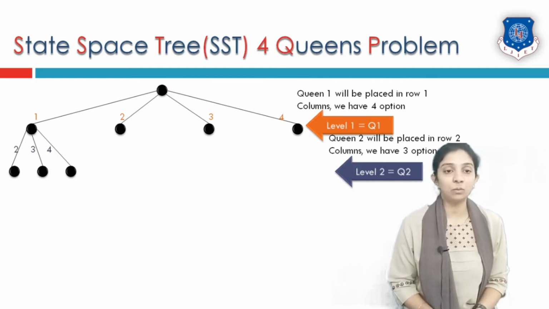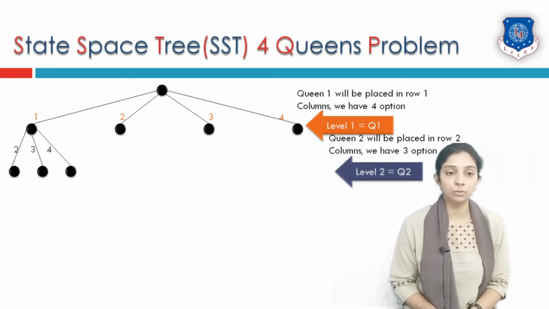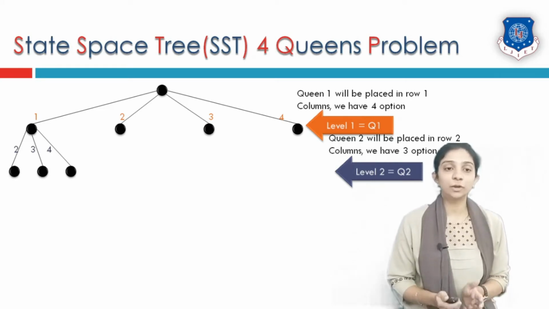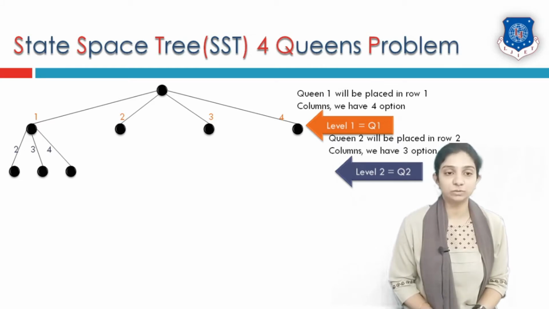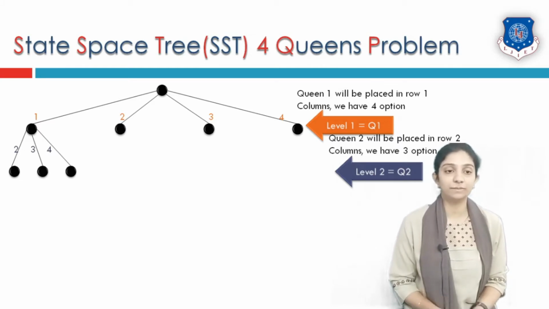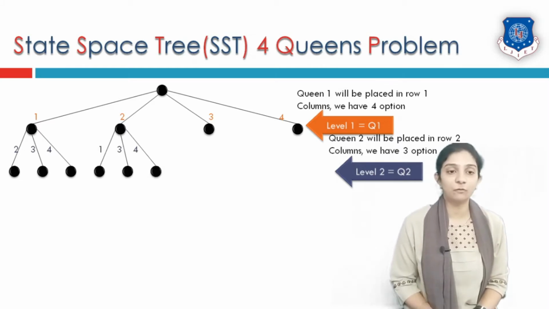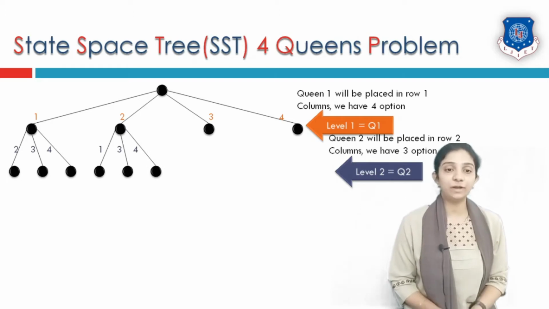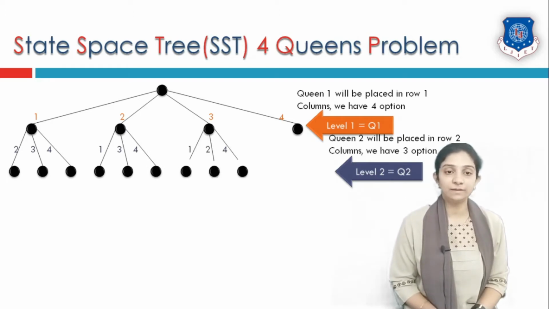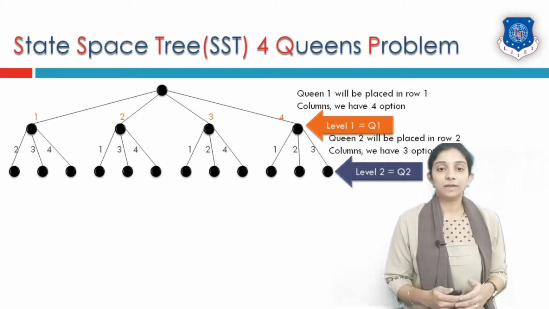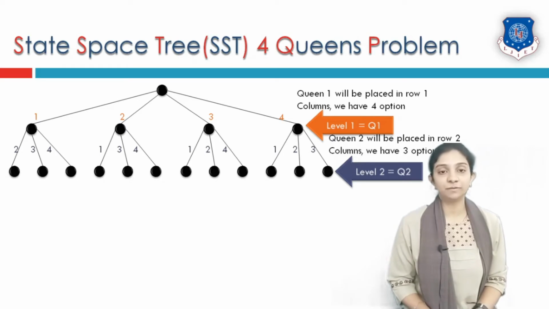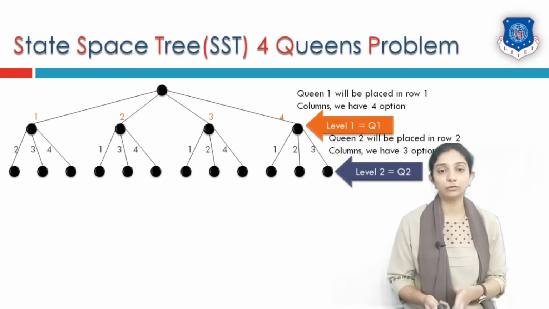Similarly, if queen number 1 is placed in column number 2, for queen 2 we have only 3 options, that is column number 1, 3 and 4. If queen 1 is placed in column number 3, remaining option for queen 2 is column number 1, 2 and 4. If queen 1 is placed in column number 4, remaining options for queen number 2 is 1, 2 and 3.